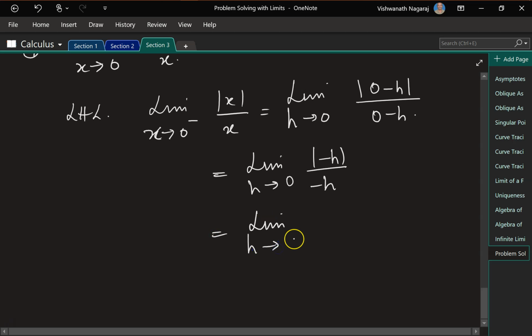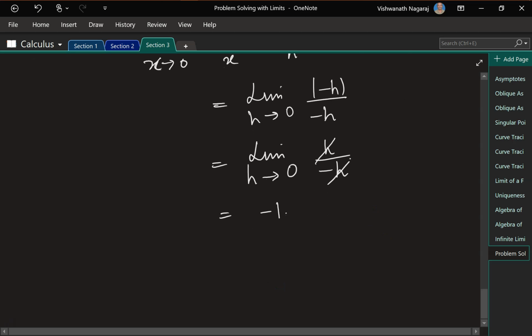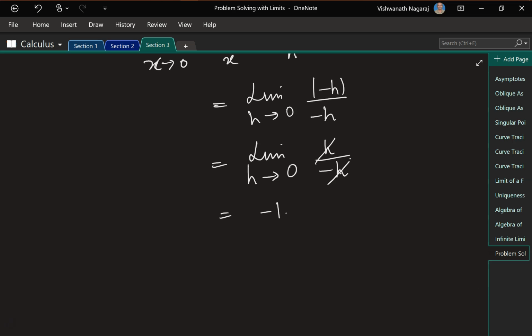This becomes plus h, this is minus h, so these two get cancelled and we are left with minus 1. So when h becomes 0, it is minus 1. You have to cancel these first and then take the limit. Otherwise, you will end up with a 0 in the denominator.